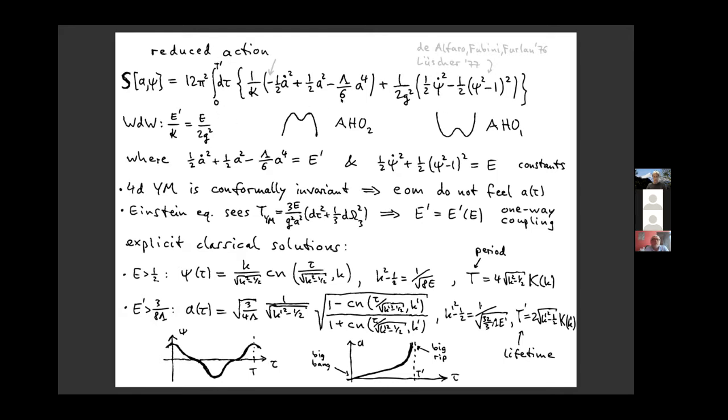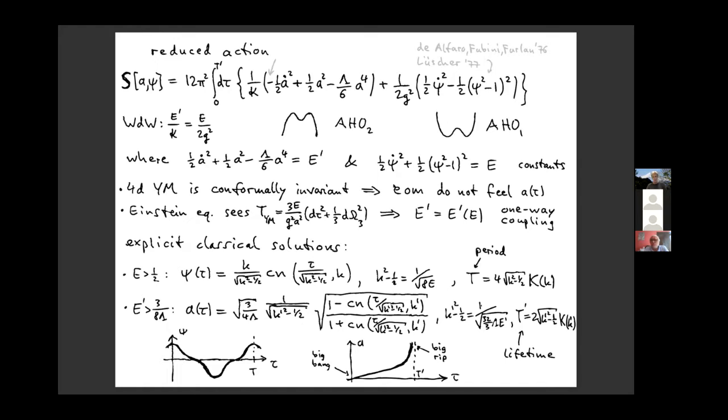Now, these 2 systems are almost decoupled. The only coupling is due to the Wheeler-DeWitt equation, which relates the gravitational energy in this gravitational system to the mechanical energy of the Yang-Mills system. These are conserved quantities. This is because the Yang-Mills system in 4D is conformally invariant, so the equations of motion do not feel the scale factor.